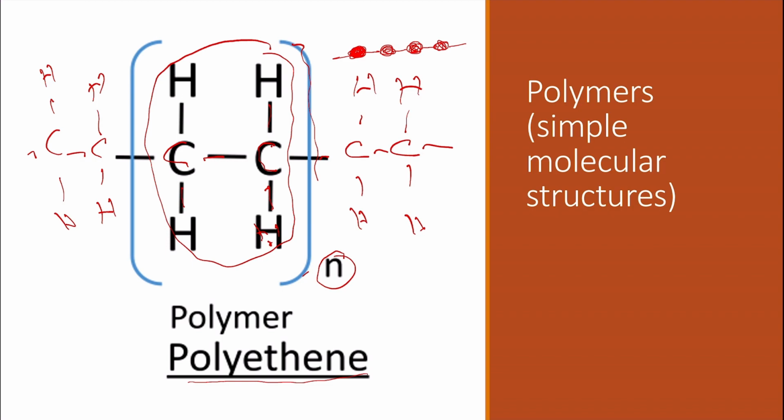Because we don't know how many repeated units there are, we simply put the repeating unit and then put n between brackets. And don't forget to represent the covalent bond here. That means that these carbons are connected to the same repeating units outside this bracket.